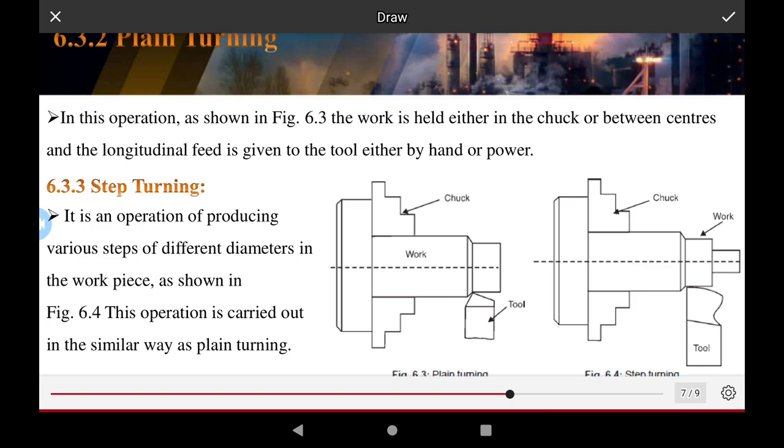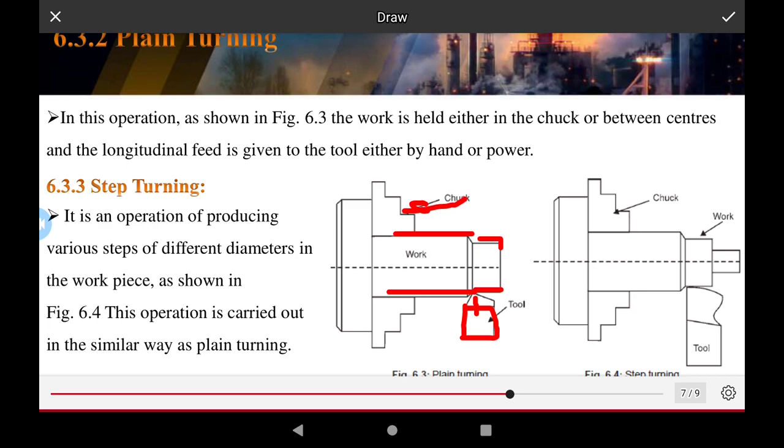This is the plane surface of the workpiece. This is the chuck of the machine which holds the workpiece, this is the tool of the machine, and this is the work for the cutting operation.